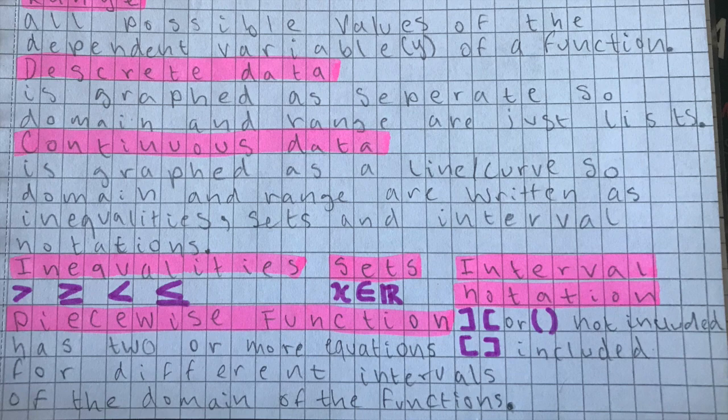Now, if you have some more specific domains or ranges, you might have to use interval notation. So you use these bracket type things. And as you see here, I've written that the square bracket when it faces the wrong way, or the normal bracket, means that those numbers are not included in the range or domain.